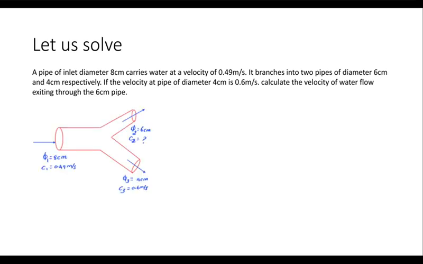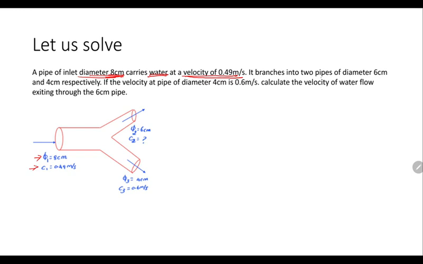In this problem, we have a pipe of inlet diameter 8 centimeters. So we know the diameter is 8 centimeters, and the velocity with which the water flows in is 0.49 meters per second.